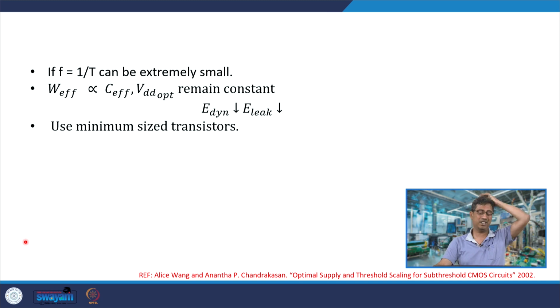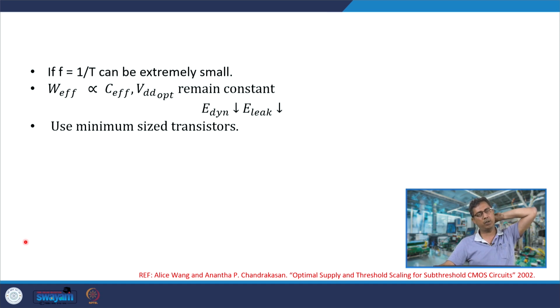The argument is that if you keep on reducing the sizes of all the transistors, W effective reduces, but almost proportionally C effective reduces. So, VDD optimum remains almost constant. If VDD optimum remains almost constant, you would find that the dynamic energy keeps on reducing, because the optimum supply voltage is remaining the same.